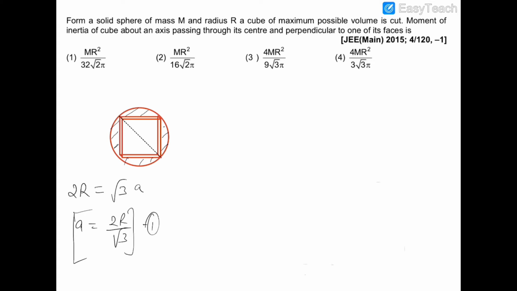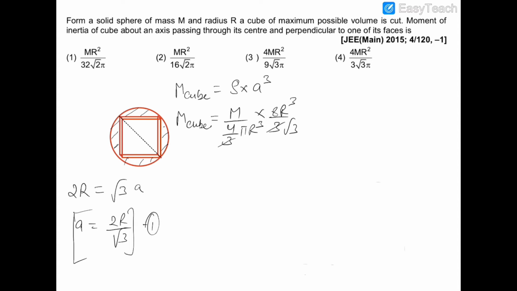Now we know that the mass of the cube will be equal to the density into the volume of the cube. So mass of cube is equal to density, which is m by 4 by 3 pi r cube, times the volume of the cube, which is 8 r cube by 3 root 3.